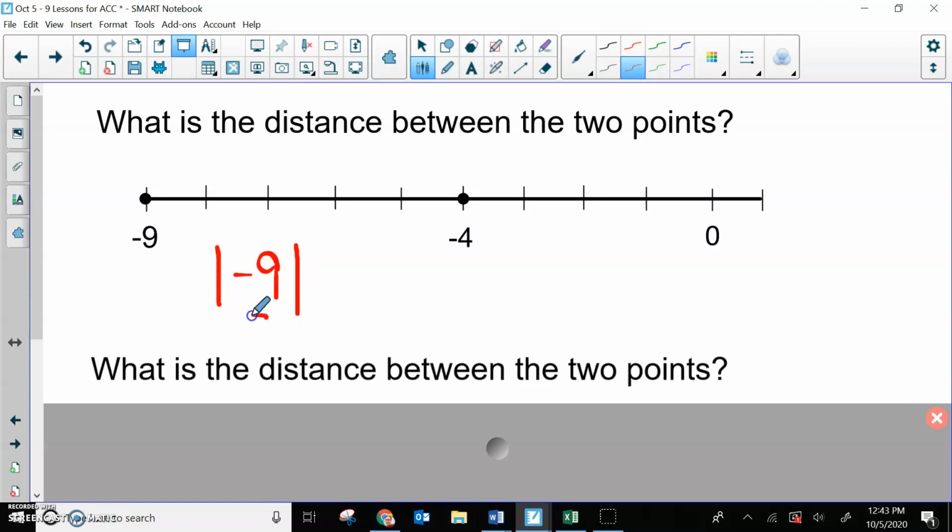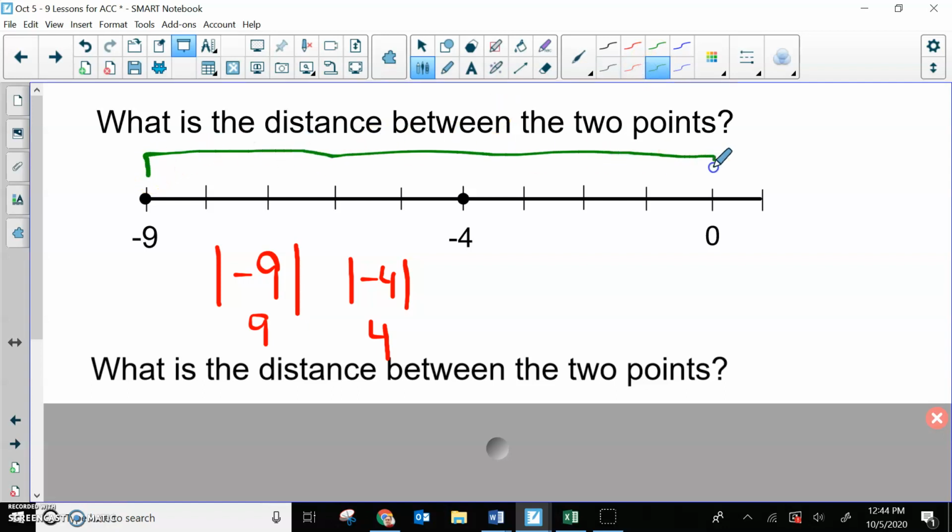That is our absolute value of -9. I'm just writing the absolute value underneath it. And then for -4 here, the absolute value, or the distance from 0, is 4. Well, in the last page, we added those together, but here we are not adding them. If we take a look at it, 9 from here all the way to 0 is 9, and the 4 from here all the way to 0 is 4.